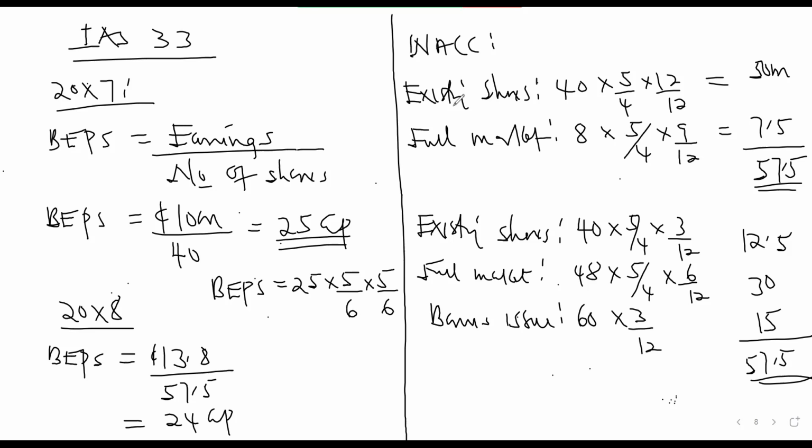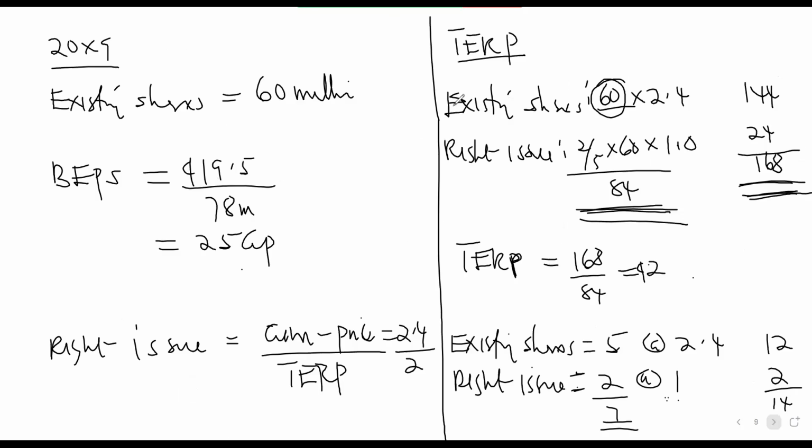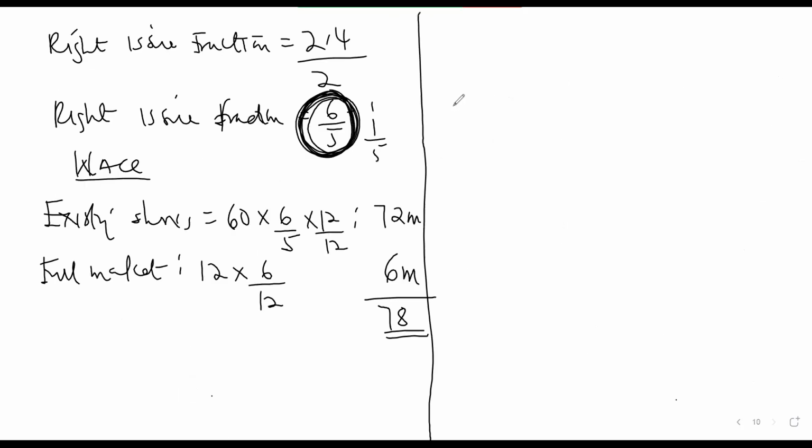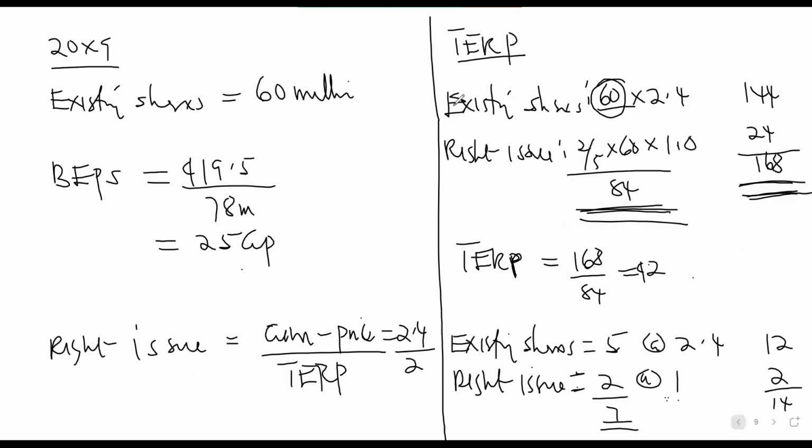So you do 25. Sorry, it will be 4 over 5 first. So the first one was 5 over 4, so we have 4 over 5. Then the rights issue fraction was 5 over 6, so we just reciprocate it by 5 over 6. That's what we are going to be having.